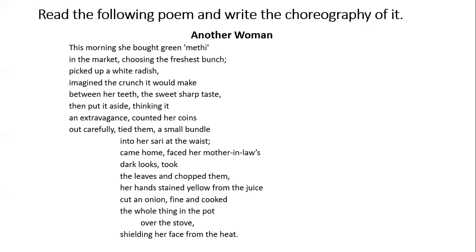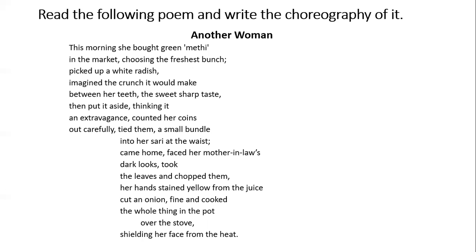Counted her coins out carefully, tied them in a small bundle into her saree at the waist. Came home, faced her mother-in-law's dark looks, took the leaves and chopped them. Her hands stained yellow from the juice, cut an onion fine and cooked the whole thing in the pot over the stove, shielding her face from the heat.